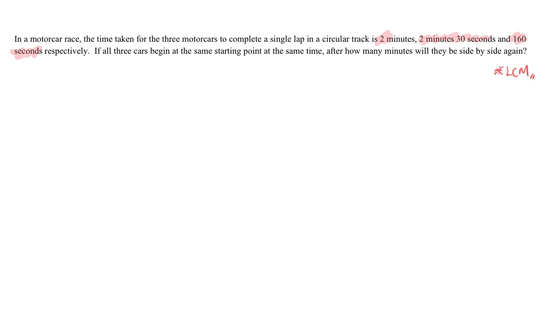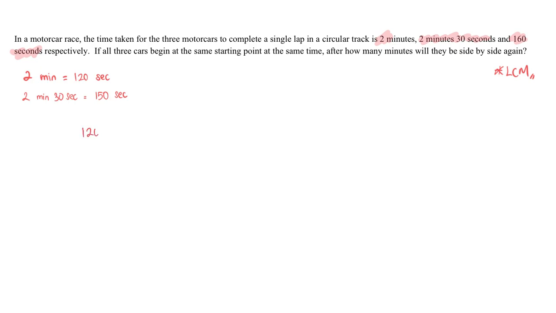So for a start, I need to ensure that all are in the same units. 2 minutes converted to seconds will be 120, because 1 minute has 60 seconds. 2 minutes 30 seconds will be 150 seconds, and we already have the 160 seconds there. We are all ready to do our working to find the lowest common multiple.